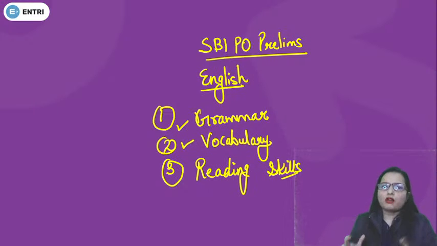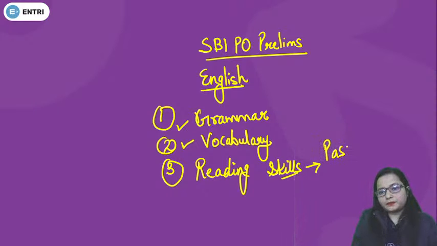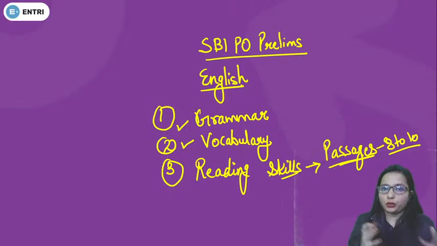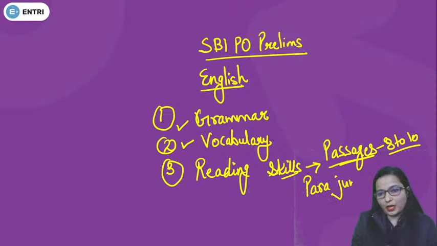We will see all these questions in today's class. Reading comprehension will have your passage, and you can score 8 to 10 marks there, because you will see 8 to 10 questions based on the passage. In the same way you will have sentence rearrangement, which we call parajumble sentences as well.